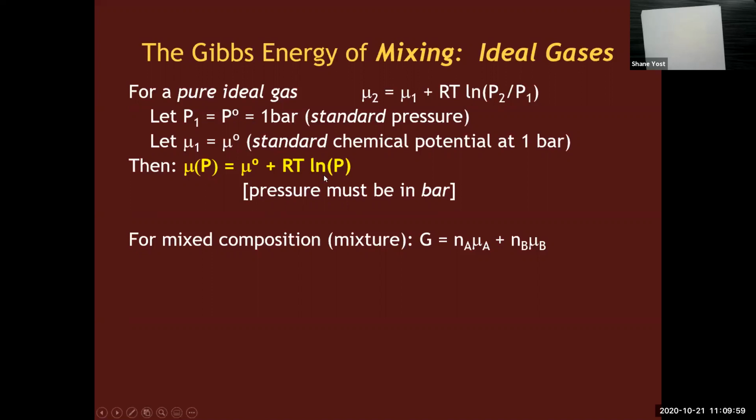This relationship is going to be used quite a bit in the rest of this semester, where we're talking about how the chemical potential of a gas changes with a change in pressure. That is very important when talking about phase diagrams, phase equilibrium, chemical reactions and chemical equilibrium, and eventually colligative properties, which is basically related to how the vapor pressure of a liquid changes with the addition of a solute.